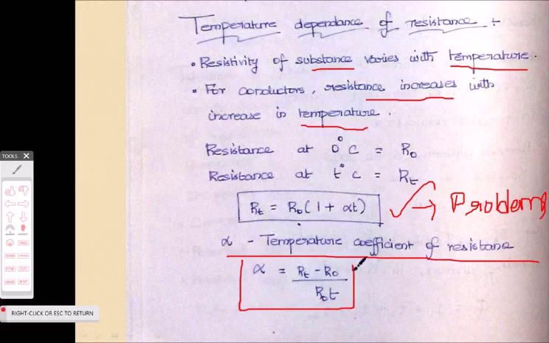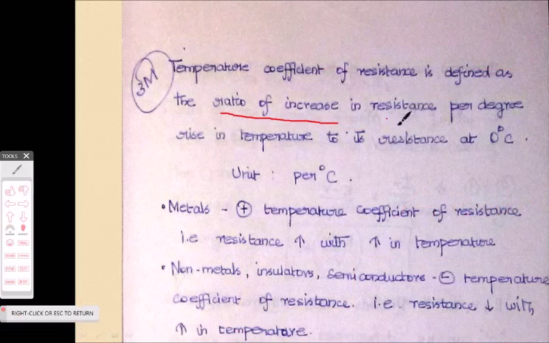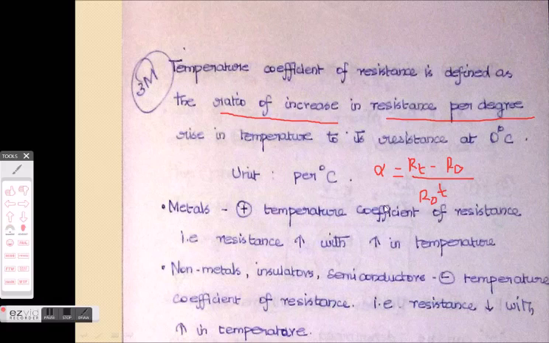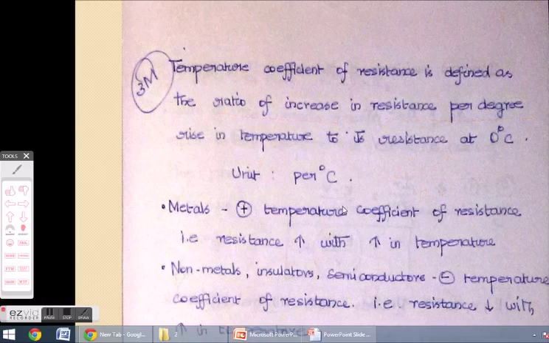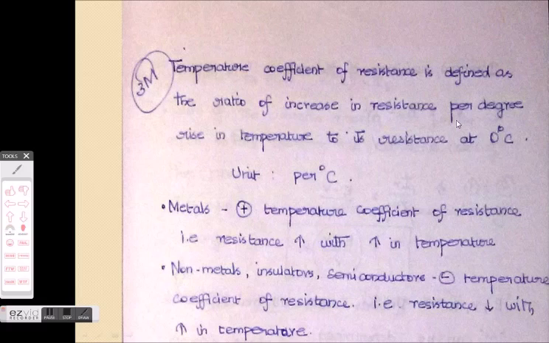Alpha is equal to RT minus R0 divided by R0 T. The ratio of the increase in resistance per degree rise in temperature to its resistance at 0 degrees Celsius is called alpha, which is equal to RT minus R0 divided by R0 T.